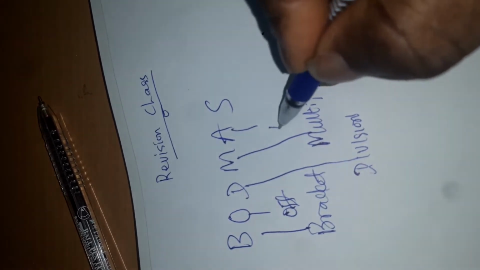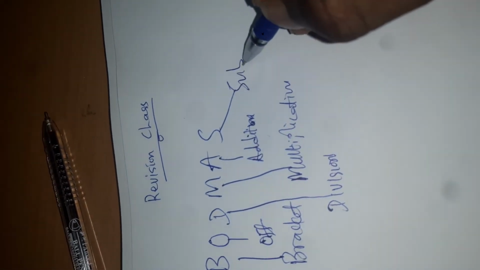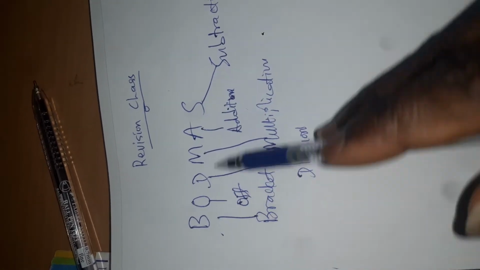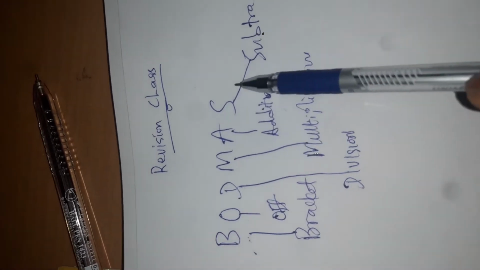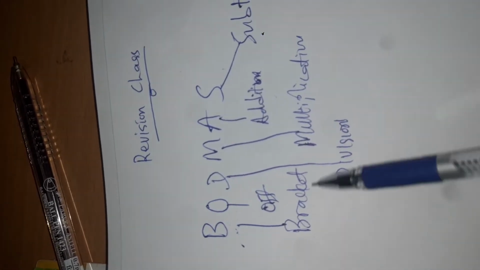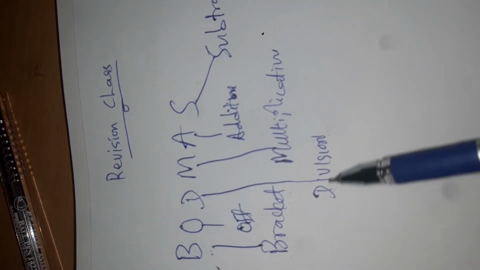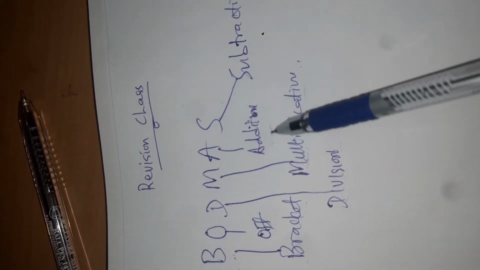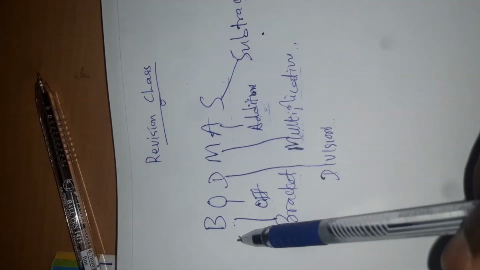Your A is for addition, and your S is for subtraction. Okay, now look at the order of this alphabet. BODMAS, okay? Your brackets comes before your of. Your of comes before your division. Division comes before multiplication, and multiplication comes before addition, and addition comes before subtraction. So this is the order of operation.